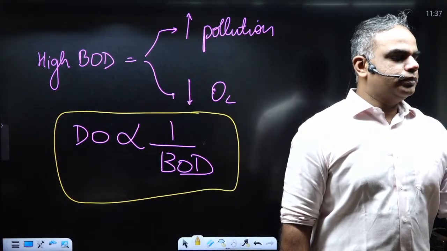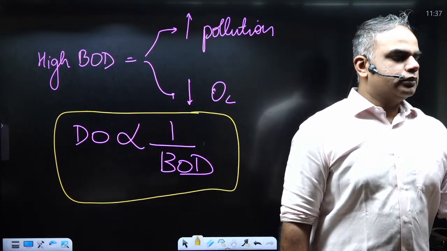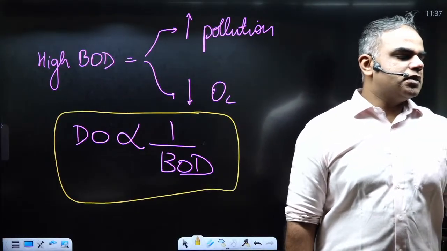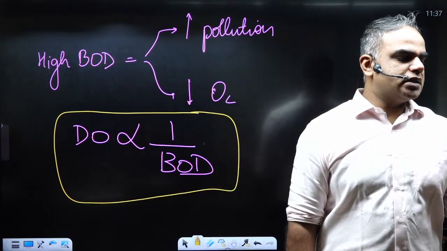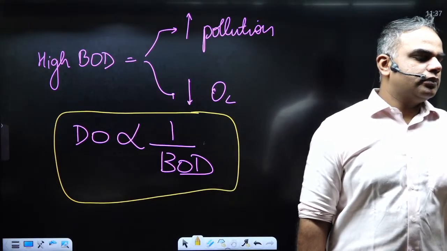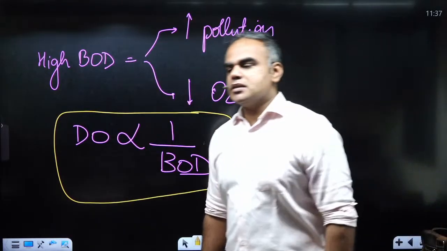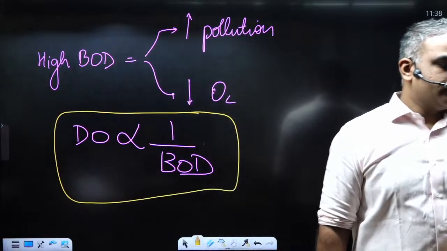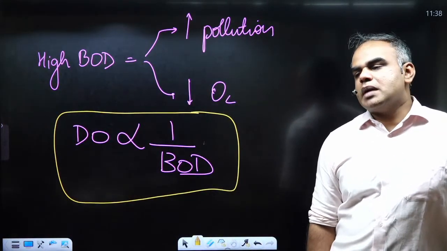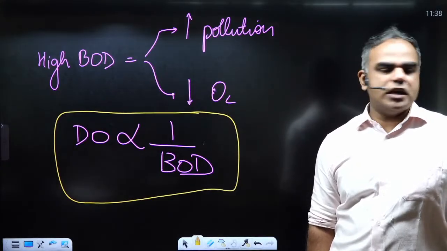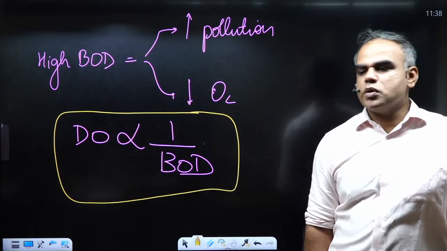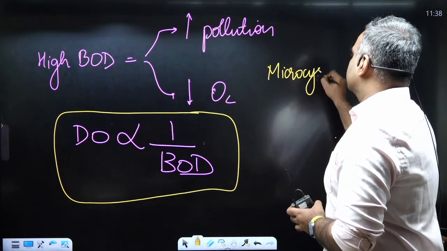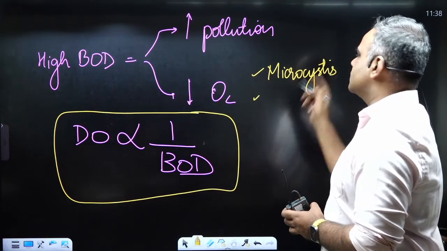Toxic algal bloom, right? Certain species of algae release toxins. I'll give you two examples of species. There can be many more. For now, write down two. Right, microcystis. One is this microcystis.